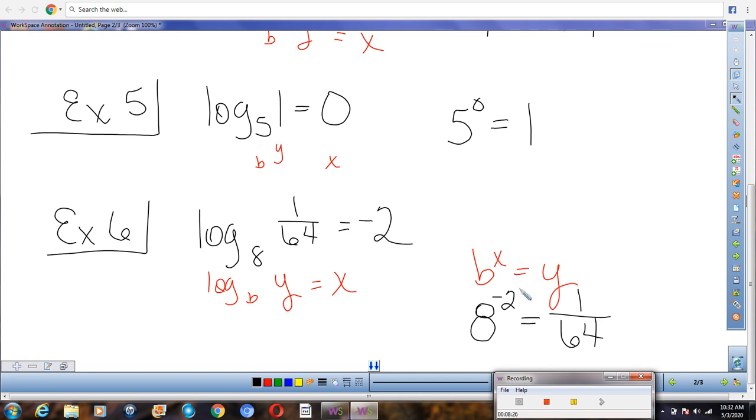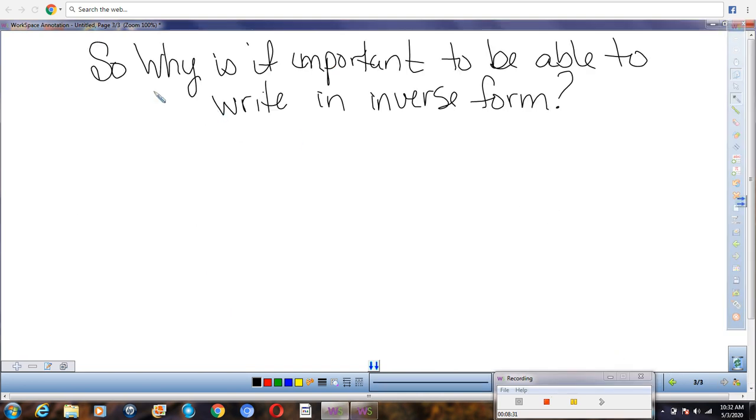All right, so why is this important to be able to do? Let's talk about that. Being able to write something from log form into exponential, or from exponential into log, provides us two different things. The first thing it does is it helps us to evaluate a log without a calculator.